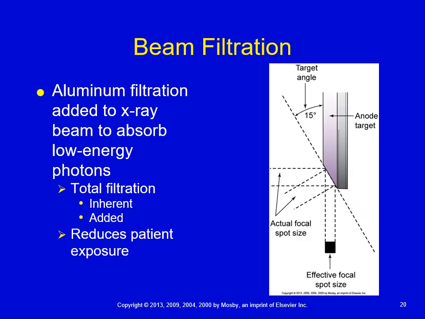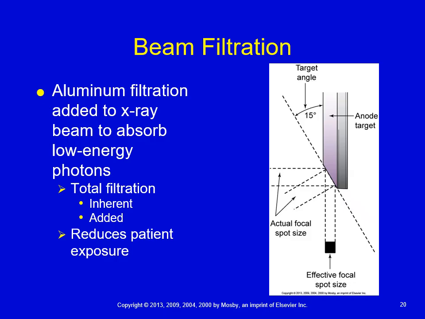We have two types of filtration. We have inherent filtration, that is filtration that is inherent within our X-ray tube, so lives within the tube, and that includes the housing itself as well as the oil bath, etc. And then we also have added filtration.